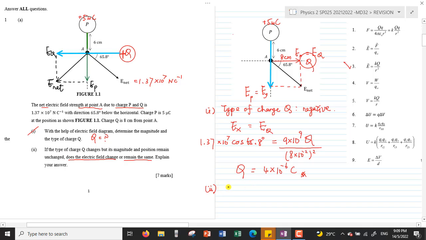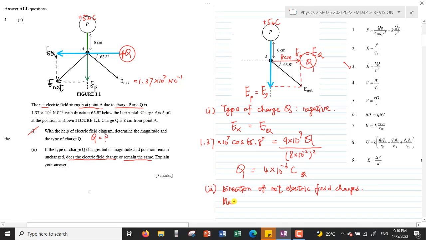So we will find out that the directions of net electric field changes. But how about the magnitude? Is it still remain at 1.37 to the power of 7?